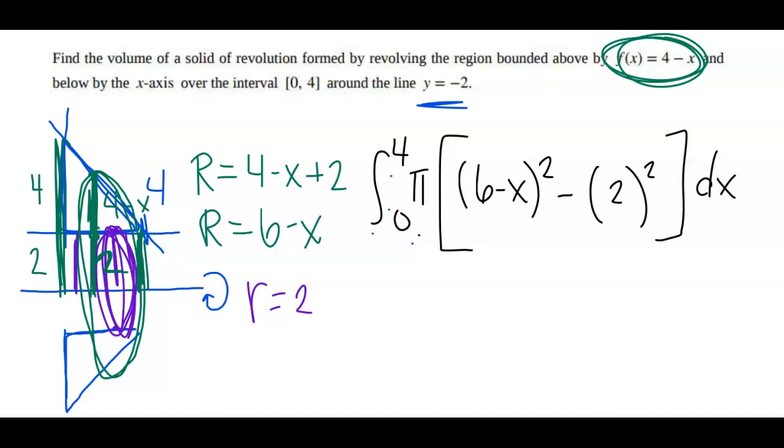Now you would expand these and simplify. If you want to pause this and try that, I will tell you that the answer is 160 pi over 3. So you can double check your calculus there if you wanted to work on that.